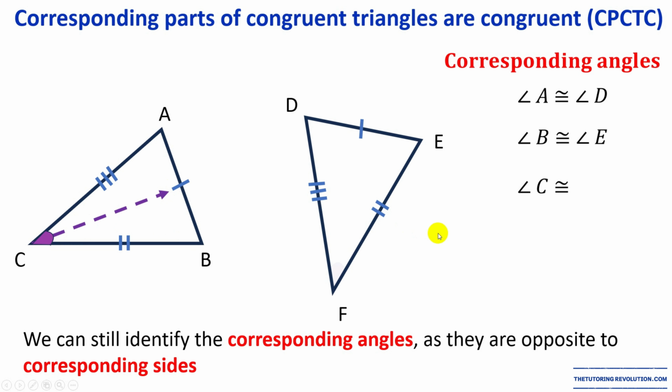Therefore, angle C corresponds to angle F, which is also opposite to the side with one tick mark. Therefore, C and F are congruent because they are corresponding to each other. So we can identify corresponding angles in two congruent triangles by looking at their sides. If this side and this side are congruent, then the opposite angles are also congruent and corresponding.